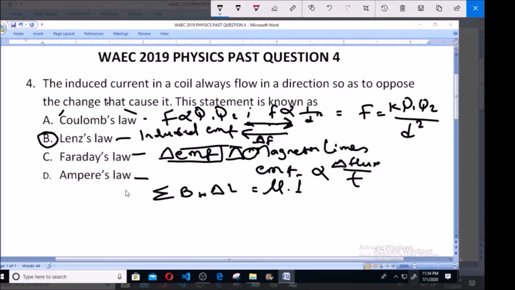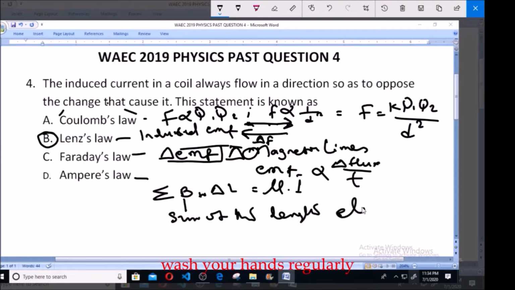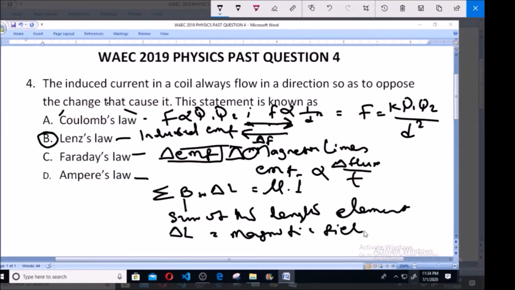The sum of B here, times the length element L, is the magnetic field in the direction of the length of the element. Then this is the permeability, and finally I is the electric current.